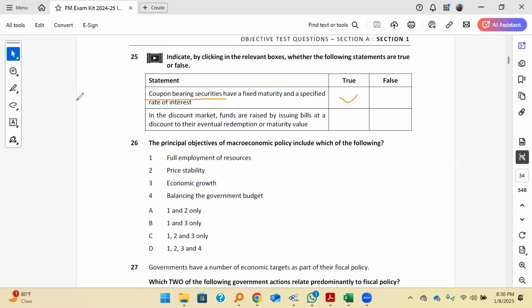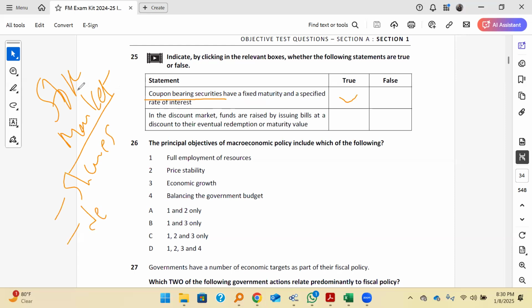The environment in which the finance manager operates can include a money market or can include a stock market. On the stock market, you normally find shares, but also debentures. These debentures are called loan notes sometimes, and those ones are usually coupon-bearing securities.